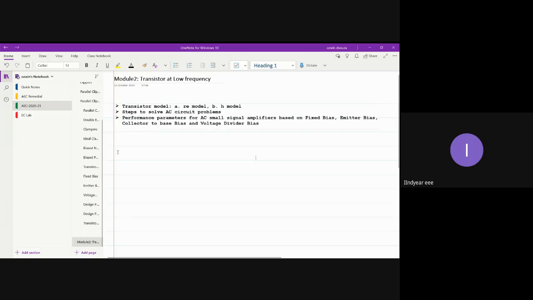Now I want you to pay attention to point number 3: performance parameters of AC small signal amplifiers based on fixed bias, emitter bias, collector to base bias, voltage divider bias, etcetera. All the amplifier circuits can be built using any one of the following biasing circuits.